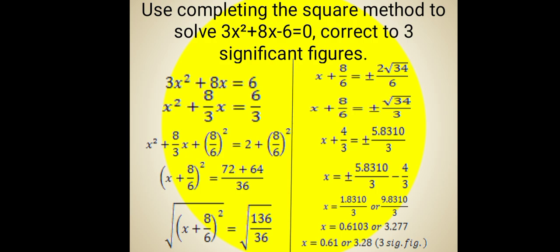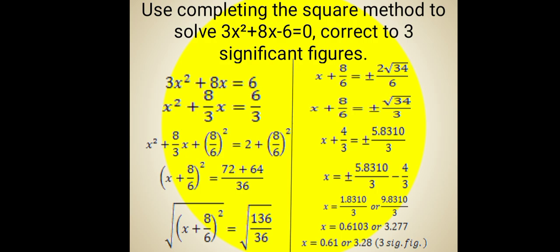After doing that, we simplify the equation. After simplifying the equation, we take the root of the equation on both sides. After taking the root of the equation on both sides, we take 8 over 6 to the other side of the equal sign.